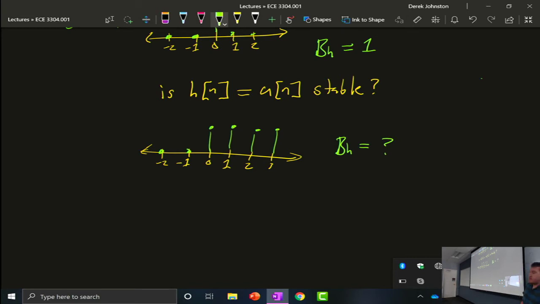Yeah, it's equal to infinity, right? Because we're going to add 1 plus 1 plus 1 plus 1 plus 1 forever. So b of h is equal to infinity. Therefore, h of n equals u of n is not stable.